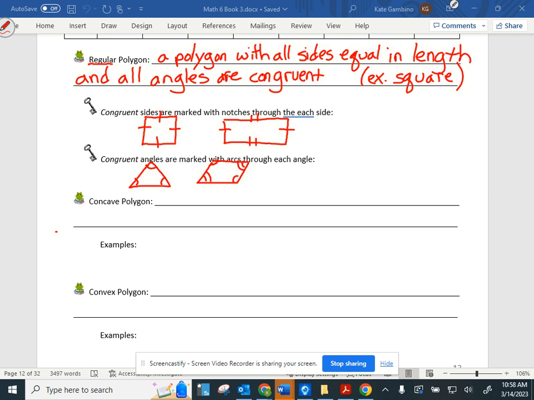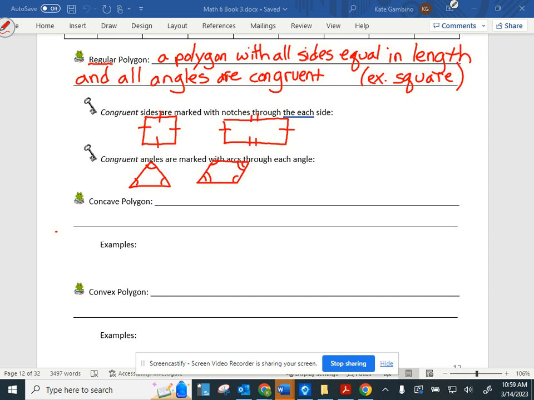Just like with our notches, if there's one line, that's congruent with other one lines. If there's two lines, that's congruent with other two lines. Same thing with the angles. If there's one arc, congruent with other one arcs. If there's two arcs, that's congruent with the other two arcs. So a regular polygon is one where they're all equal.